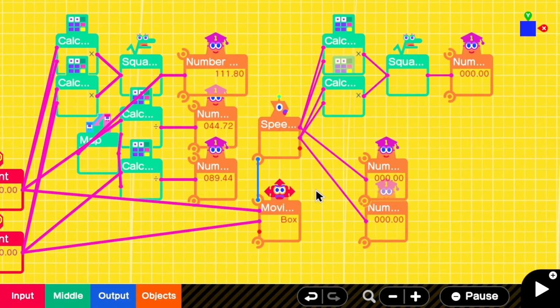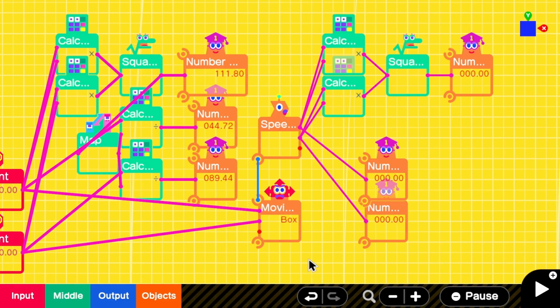So one more thing to note about moving objects approaching the speed limit: if you try to make a moving box accelerate at a speed that will go over the speed limit, it will still try to move in the direction that you want it to go.